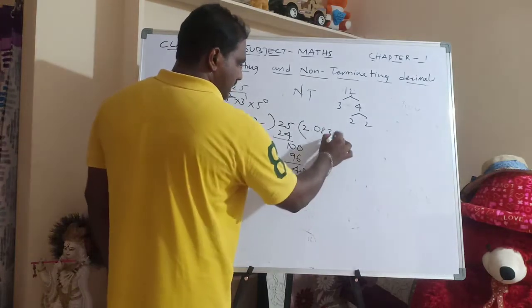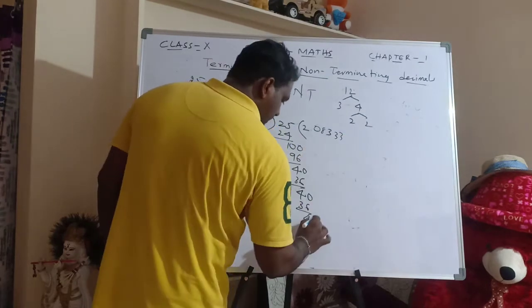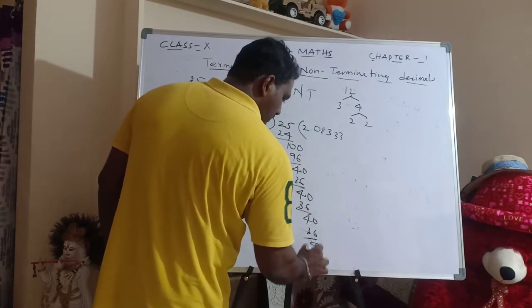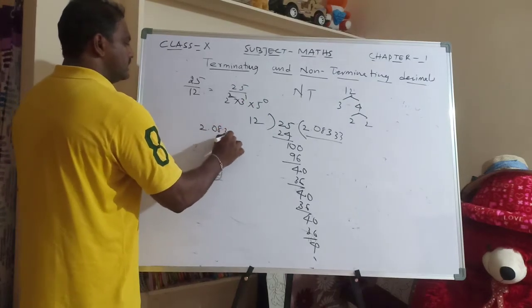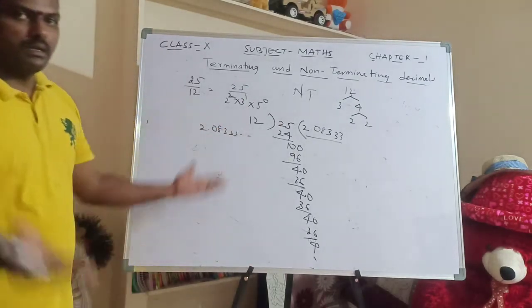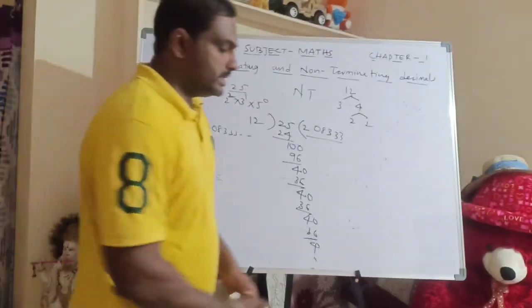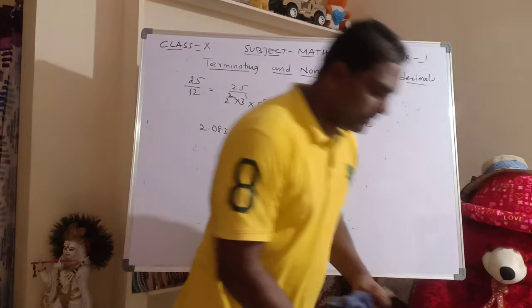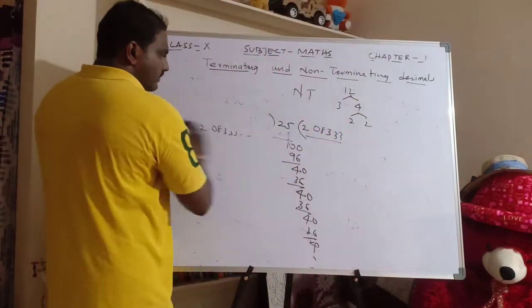Remainder 4. 12 3s are 36. Remainder 4. 12 3s are 36. Remainder 4. All will come. So what is the answer? It is 2.08333 and so on. Simply by checking the denominator, without doing the actual division, we can say whether it is terminating or non-terminating. Next, I will go for one more example.